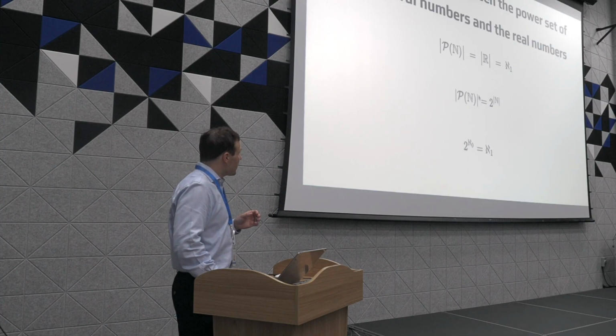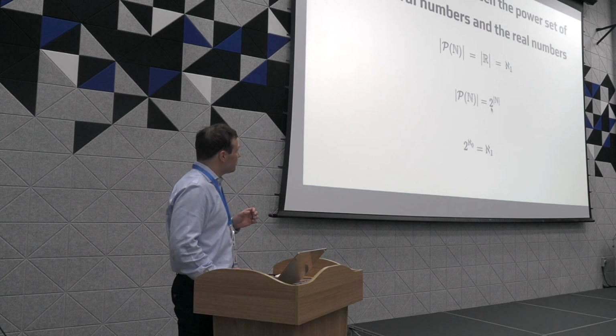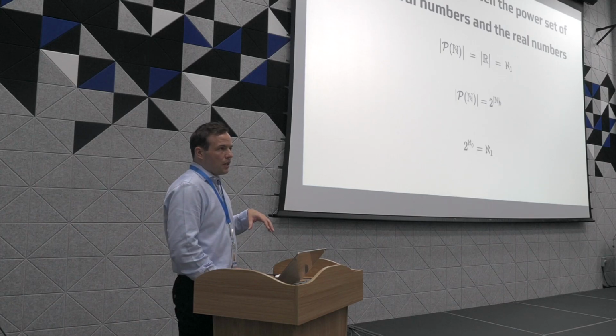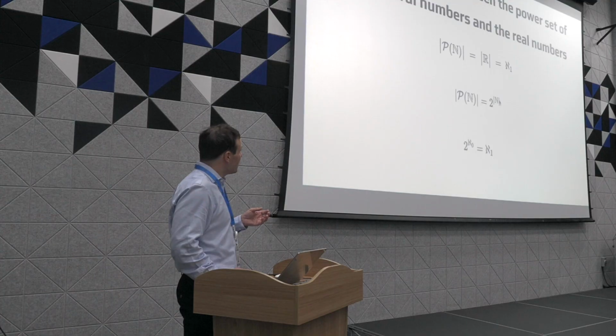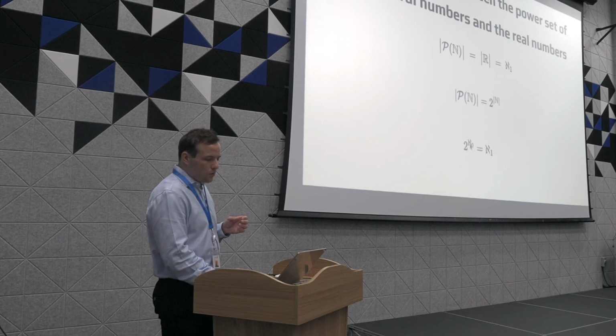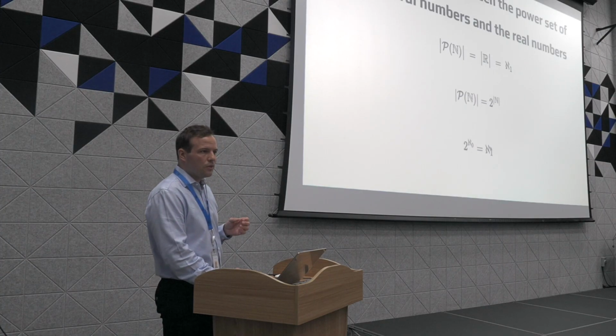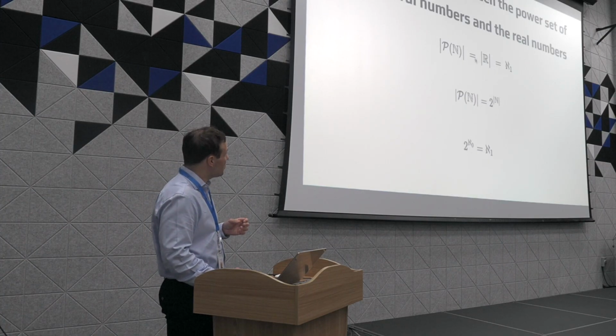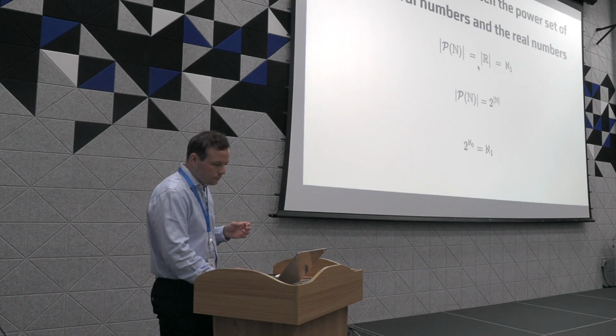And so with that we have 2 to the power of the cardinality of n subsets of the set of natural numbers, which means that 2 to the power ℵ0 is equal to ℵ1, given that these two have the same cardinality.